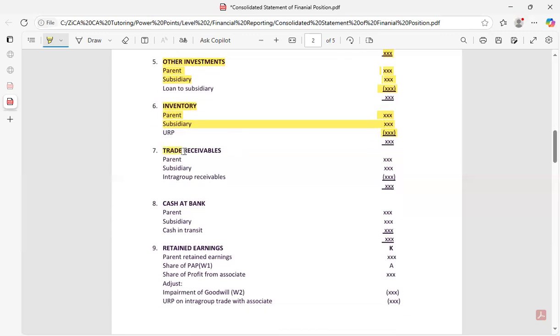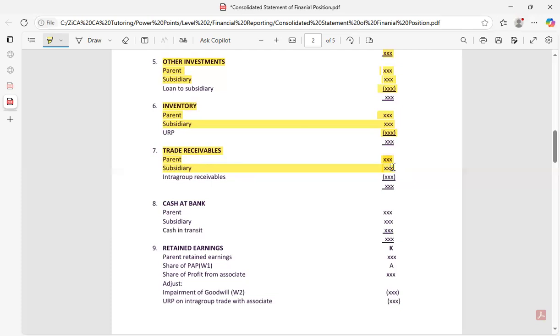Then trade receivables, right? You've got the parent here, trade receivables. You add them to the trade receivables for what? The subsidiary. Again, remember in the statement of profit or loss when we're consolidating, you need to deduct the intra-group sales from the total sales figure that have been aggregated.